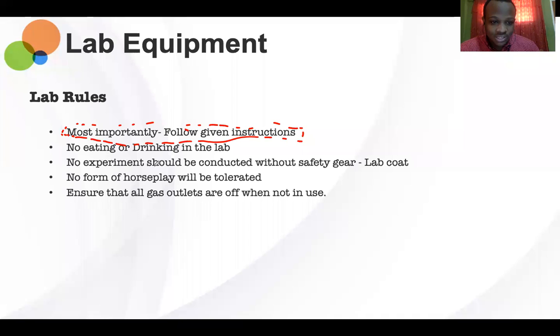The next one is no experiment should be conducted without safety gear. And why is that so? Why shouldn't we conduct experiments without safety gear? For example, a lab coat, right?